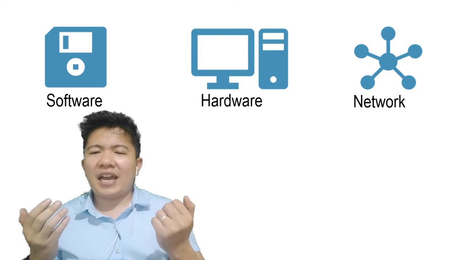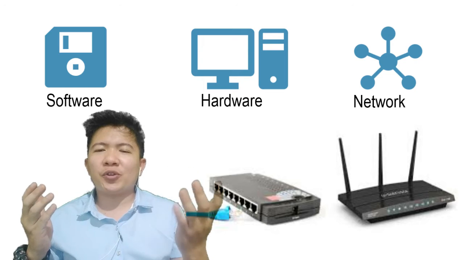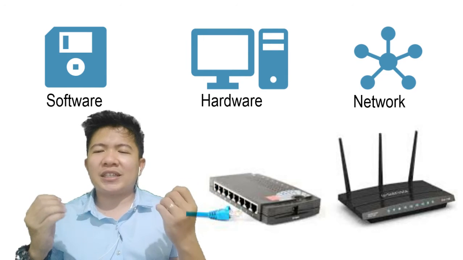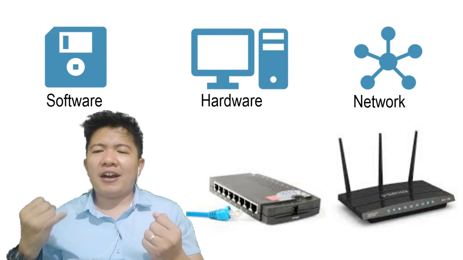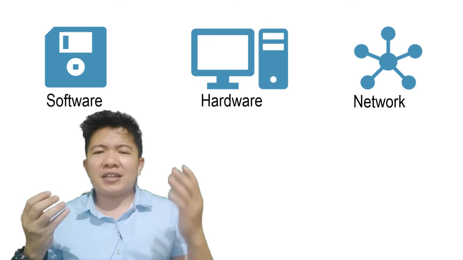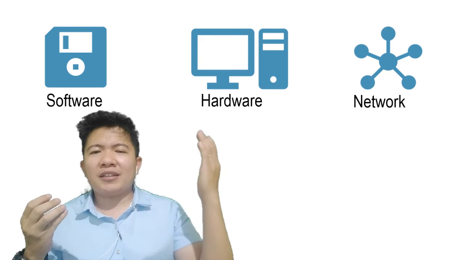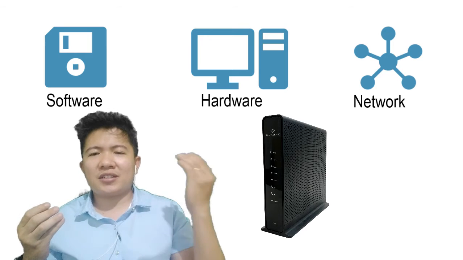Some act as a medium that links one computer to another or to many computers to facilitate communication and data exchange, such as hubs, switches, and routers. And some act as an adapter that transmits signal from the web and connects it to your computer, such as the modem.